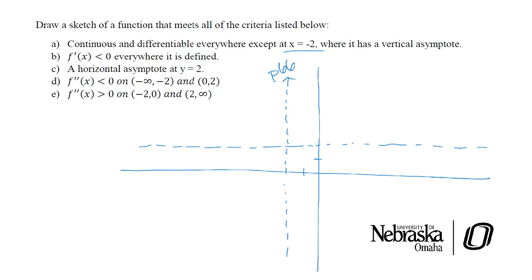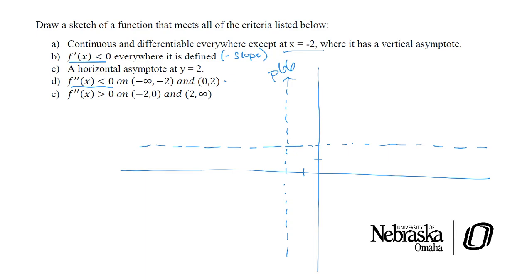Now, it says f prime of x is less than 0 everywhere it is defined. So that means a negative slope everywhere. Our second derivative is less than 0 from negative infinity to negative 2 and from 0 to 2.